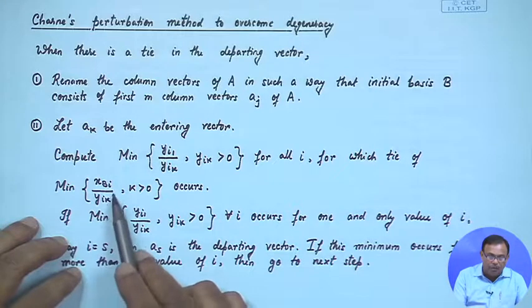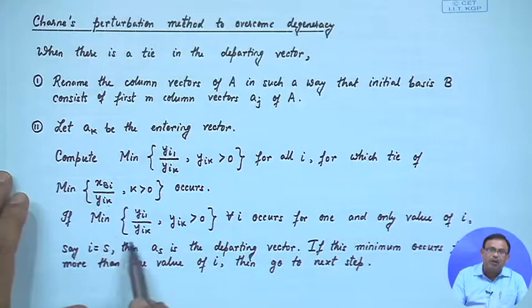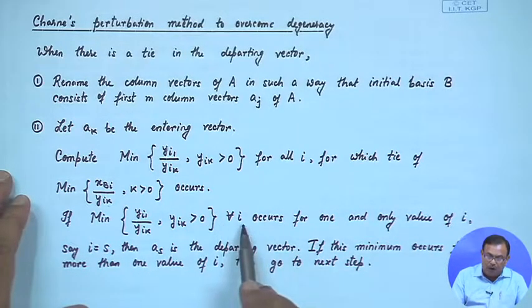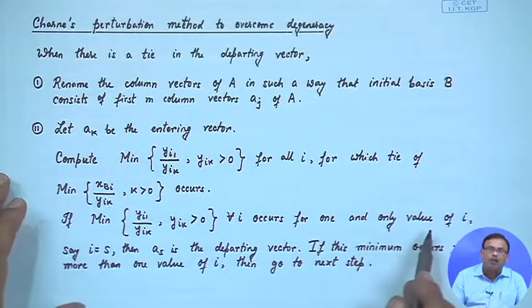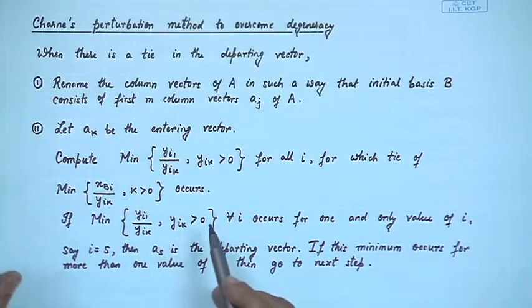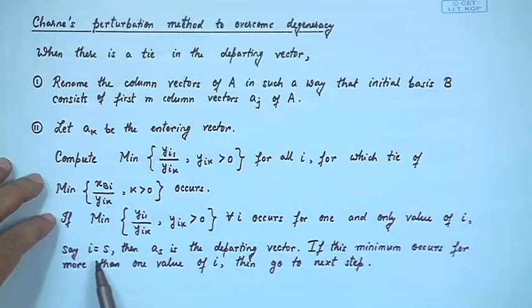If the minimum occurs for only one value of i, which is unique and say i equals s, then you will say that a_s will be the departing vector.